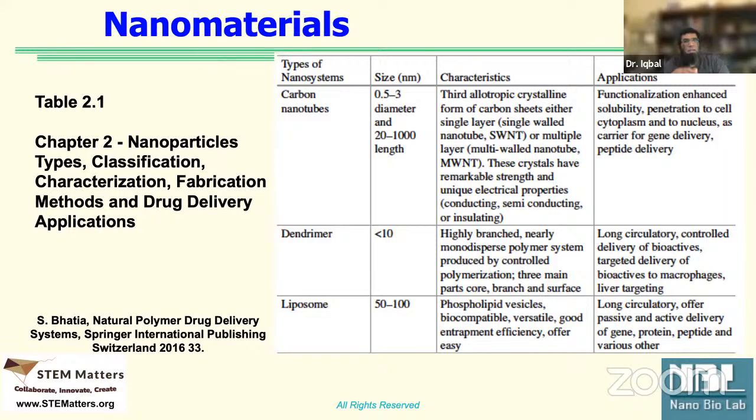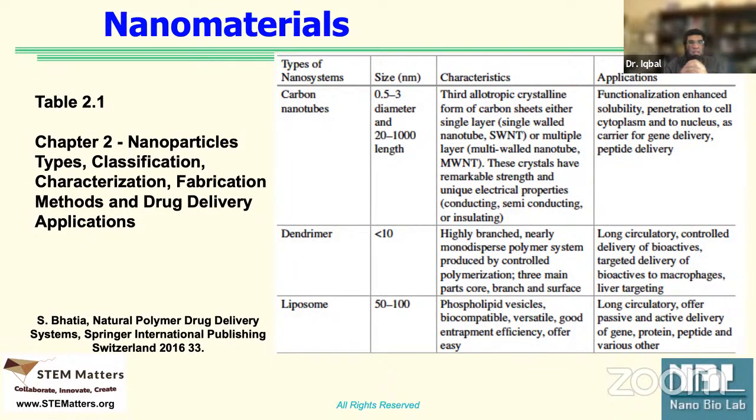So it has a good recent knowledge in it. So liposomes are 50 to 100 nanometer. These are phospholipid vesicles. So we remember the phospholipid bilayer. Those are the chains that we use, and we use their vesicles.